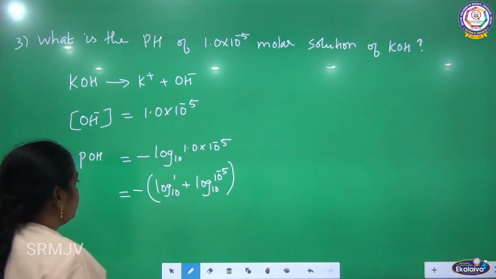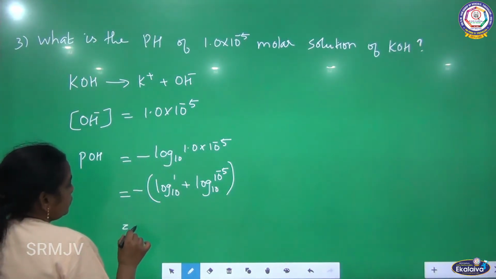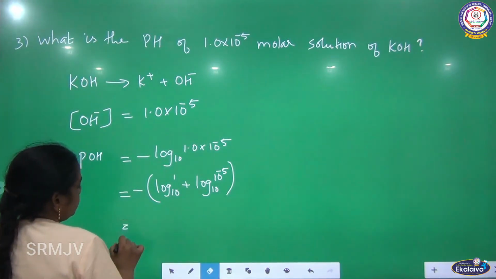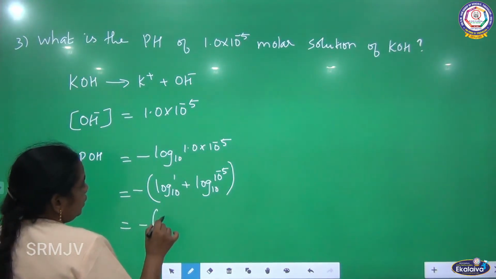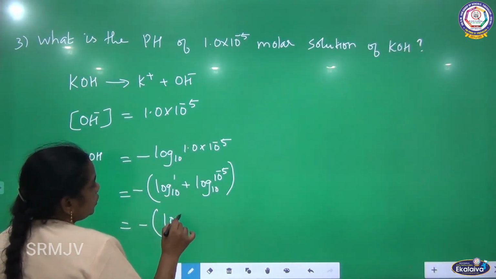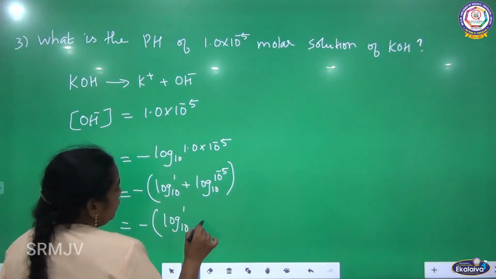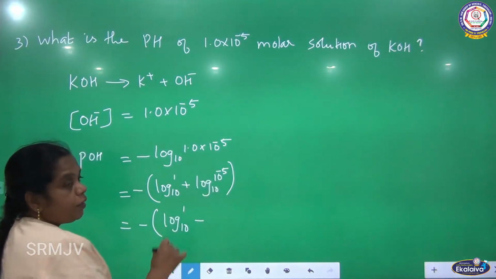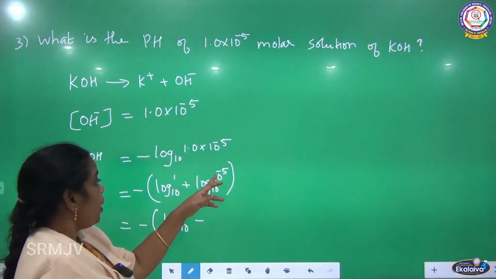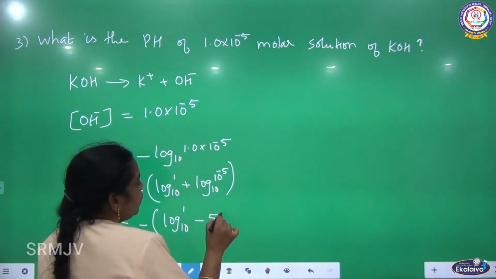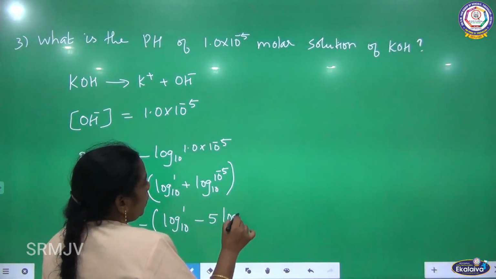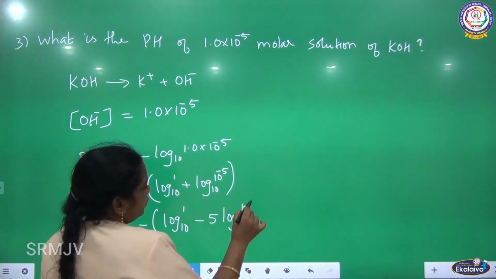And next, negative sign, log 1 to the base 10 minus, if you bring the power into the product, so minus 5 into log 10 to the base 10.